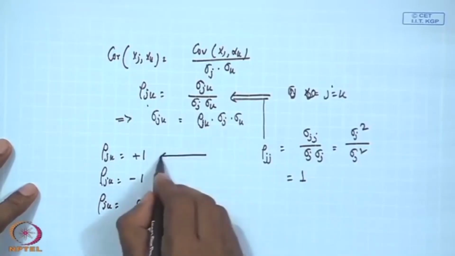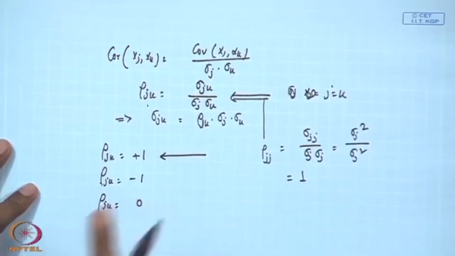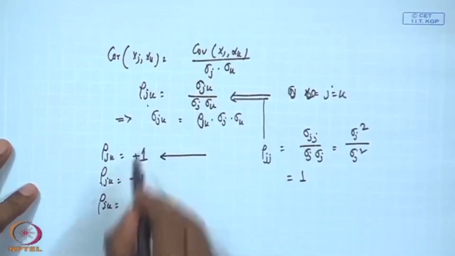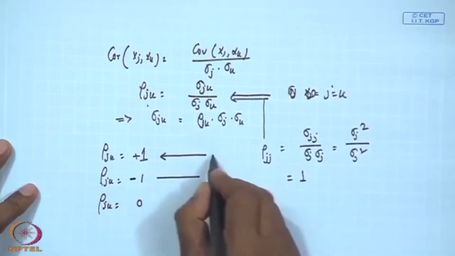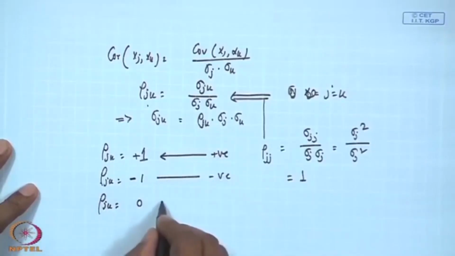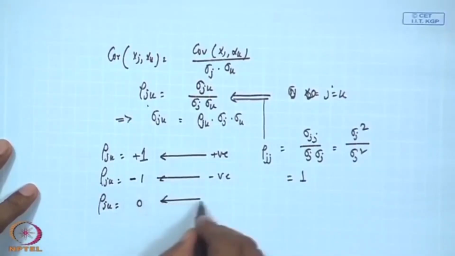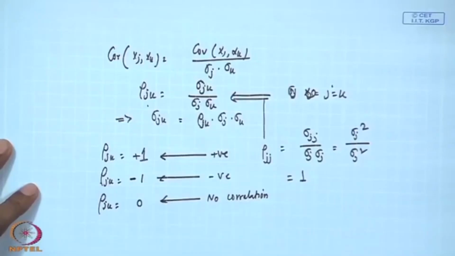The first one says perfectly positively correlated, and 1 stands for perfect correlation. The minus stands for negative. So that is positively correlated, this is negatively correlated, this one has no correlation: positive, negative and no correlation.